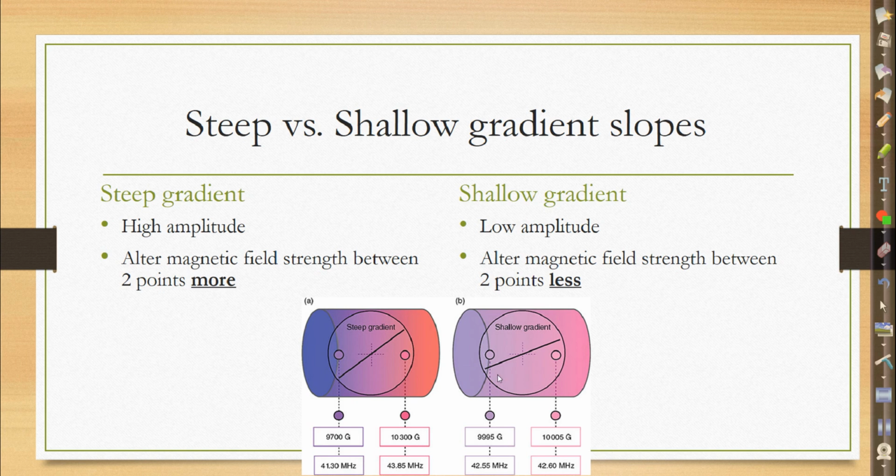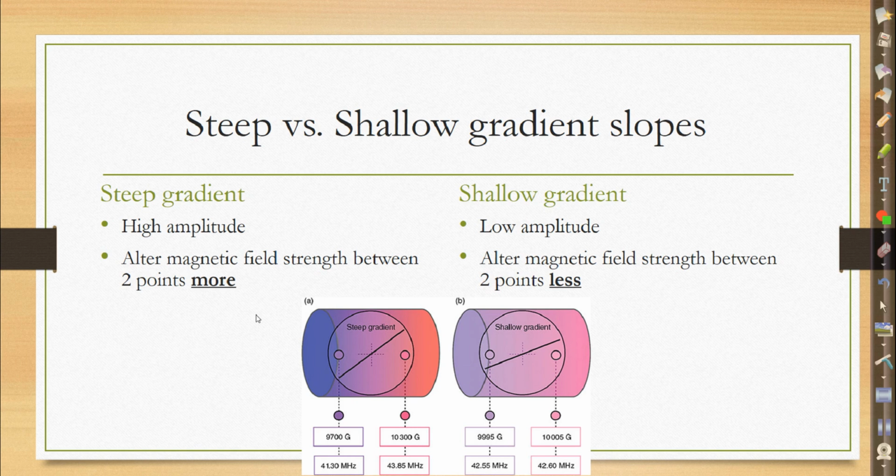But if we apply a shallow gradient, where we're pumping less current into those coils, we're going to get a more shallow gradient. So we get a smaller range in field strength and a smaller range in precessional frequency.